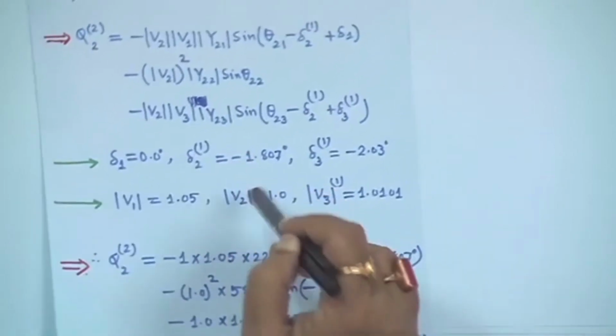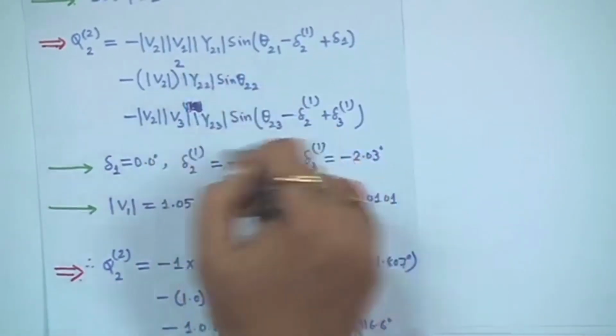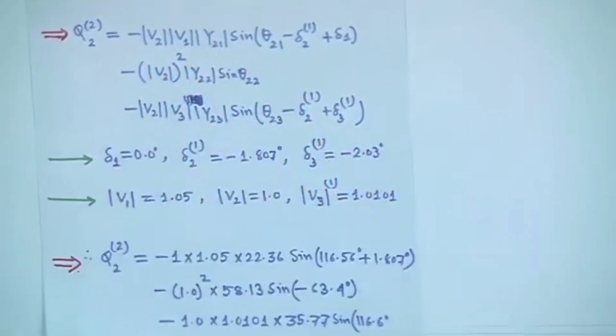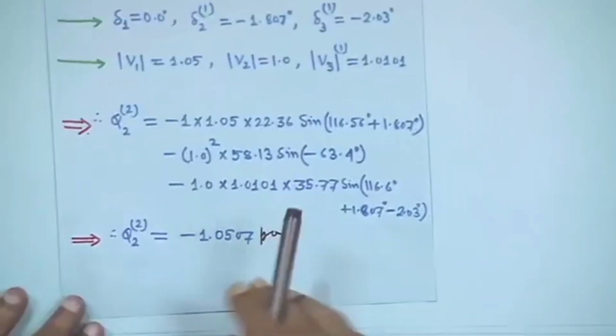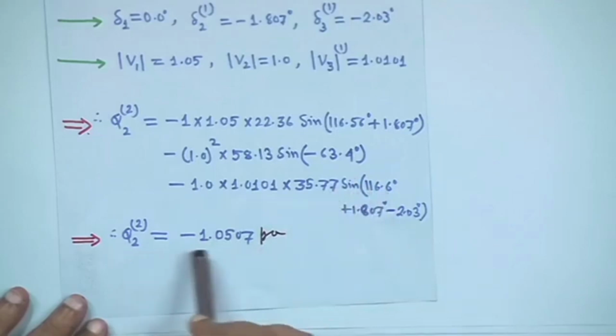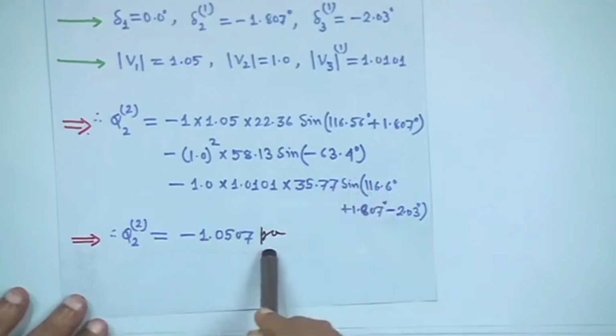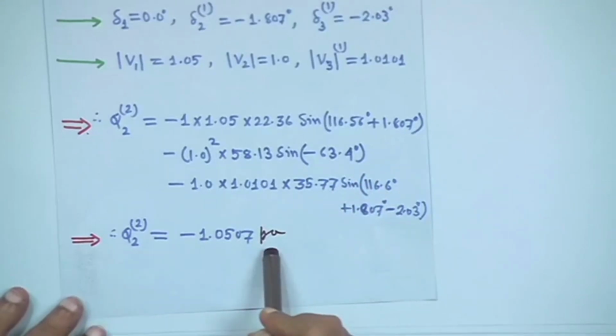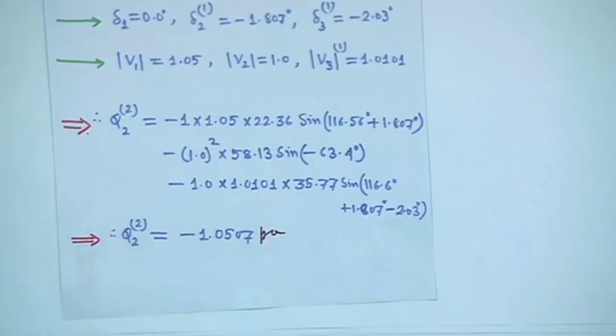You substitute all these values here, and after calculation Q2 in the second iteration will be minus 1.0507 per unit.